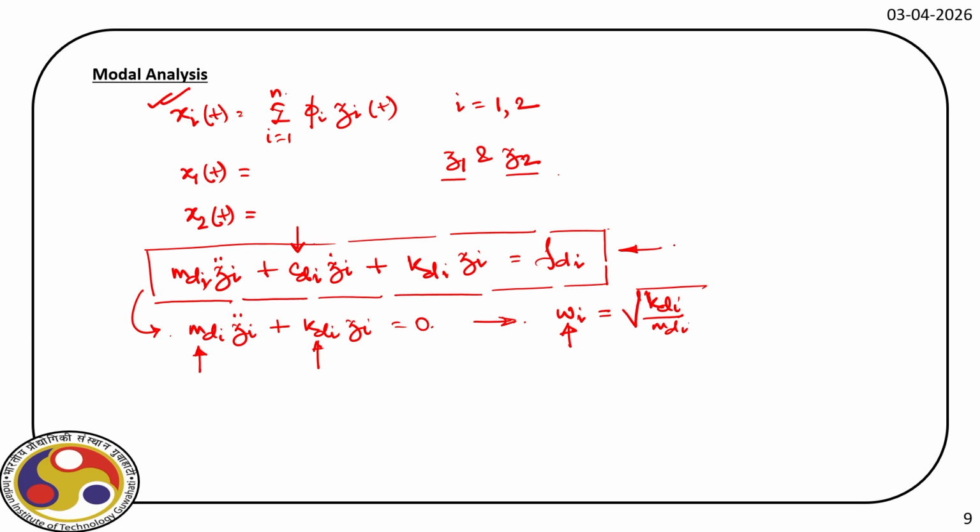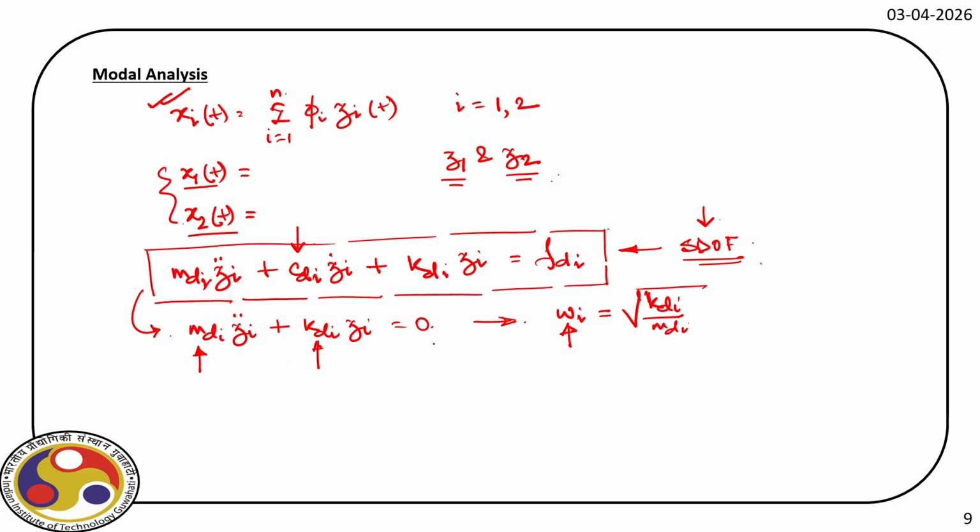So we can solve it as a decoupled system, and then appropriately combine them to find the response in the original coordinate. x1 and x2 are in the original coordinate, and they are represented by z1 and z2, which are in the modal coordinate, where they are a decoupled system. We'll use this property and see how easily we can find the response using this concept.